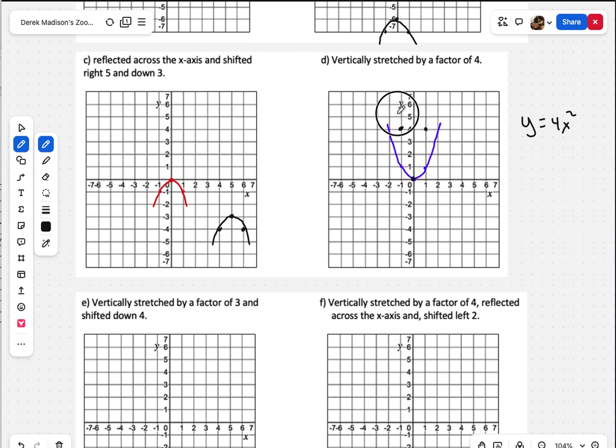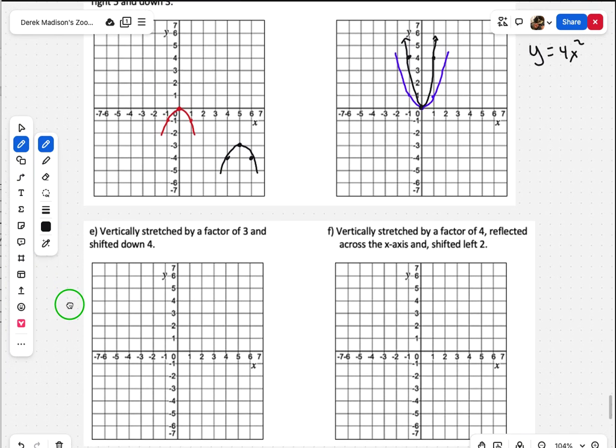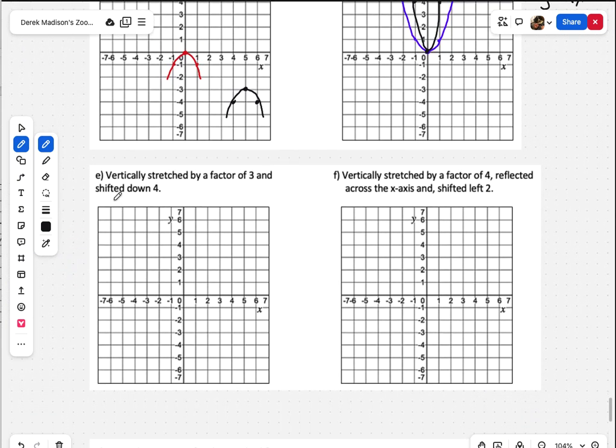We'll do the same thing on the other side. This will be a little hard to draw, but something kind of like that. This one is vertically stretched by a factor of 3 and shifted down 4. So we would be starting down here at negative 4 for the shifted down 4.